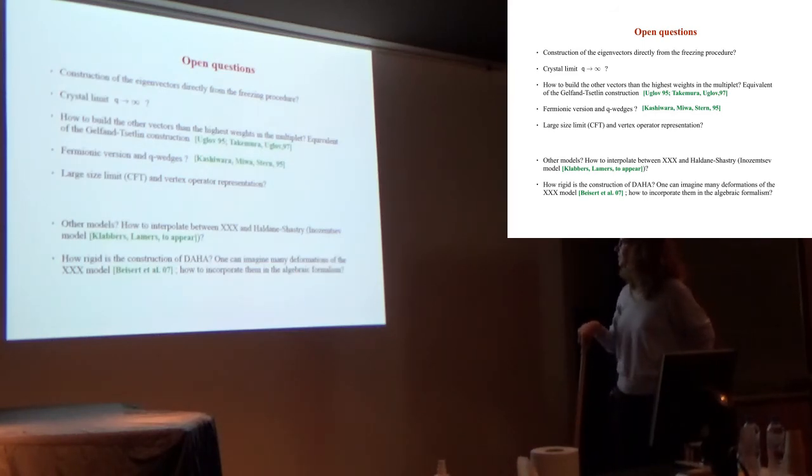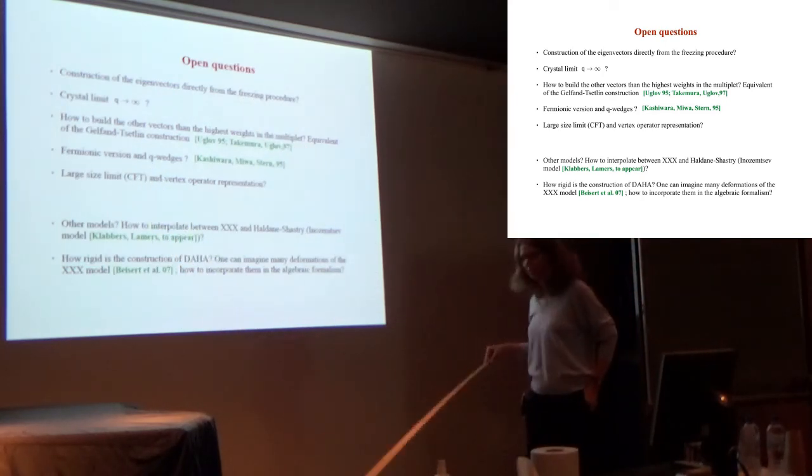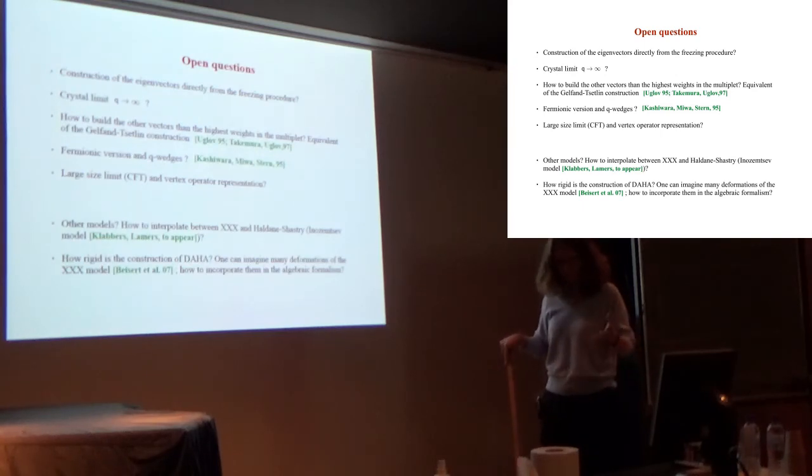Other problems that we are looking at is the fermionic. So I was talking about the bosonic space where the wave functions are symmetric with respect to the simultaneous permutation of spins and coordinates.